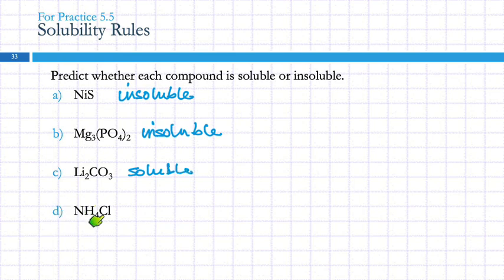And then this one, now this is the one that's a little bit tricky. It's not just that the first element is the first ion. Ammonium, NH4+, and chloride. Again, ammonium is in that first row of always soluble, no exceptions. So this one is soluble.